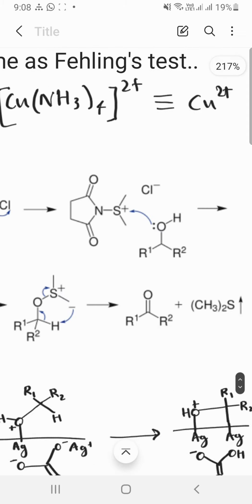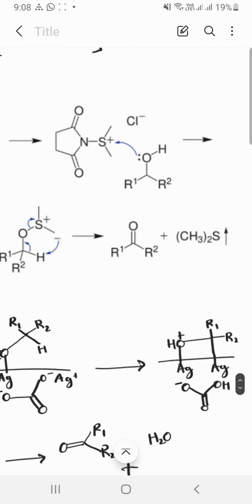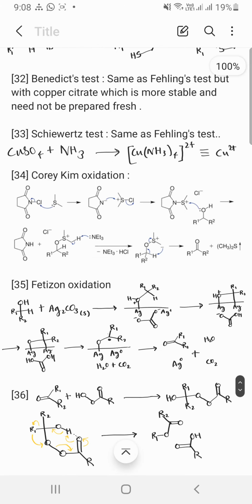So from here to that step, actually you use the tetravalency of sulfur. So you make oxygen attach over there and then do a proton shift, and that does it.